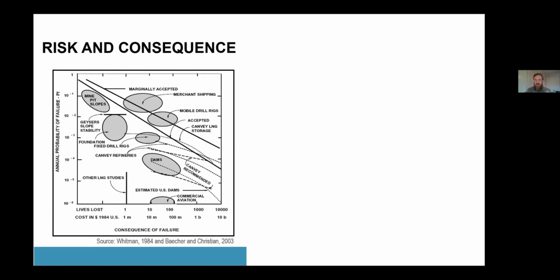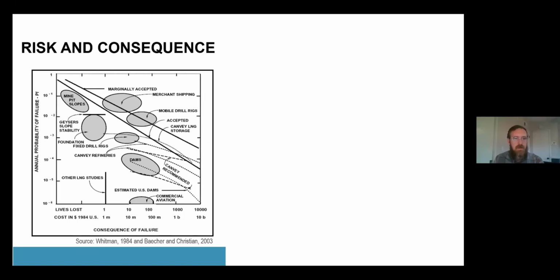Going back several years, this is one of the key documents that led to understanding of consequences and risk. It shows the annual probability of failure of several different man-made and natural disasters, and kind of the range of life loss that they're accustomed to. And this one was developed to talk about dams, which you see there in kind of the middle to lower right, around 10 to the -4 annual probability of failure, and 10 to a few hundred life loss.